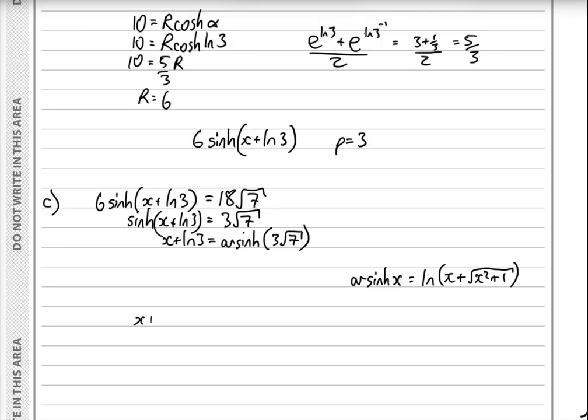So that gives me x plus log 3 is equal to the log of 3 root 7 plus the square root of 3 root 7 squared, 63 plus a 1, that's a nice number, 3 root 7 plus square root 64.